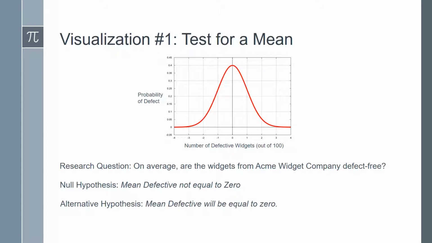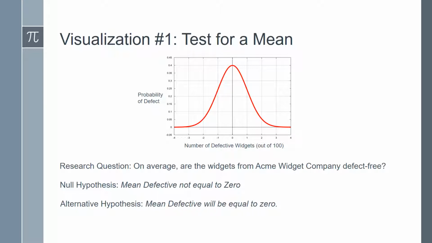But what is the chance? What could be the chance that the company will be producing 100% non-defective or defect-free? So there is a question that brings a hypothesis on the table. Then how we can set it up is the null hypothesis, mean defective not equal to 0.